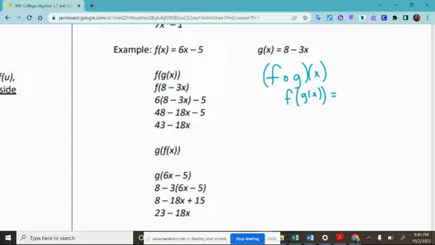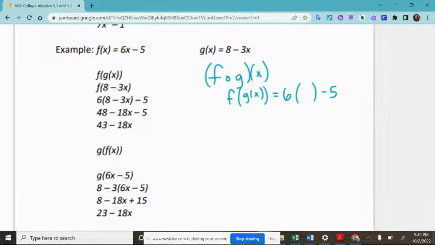Okay, so f says do 6 times x minus 5, right? But we're not plugging in x now. We're plugging in g of x. So I'm going to take this whole thing and pop it in here where the x used to be, 8 minus 3x. And then distribute and simplify things out.